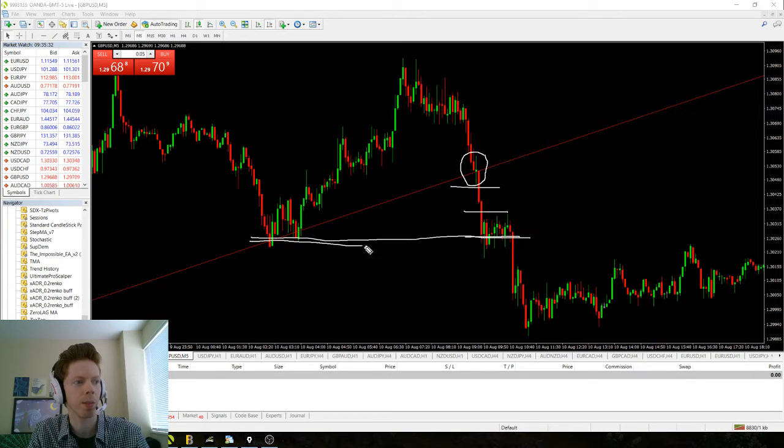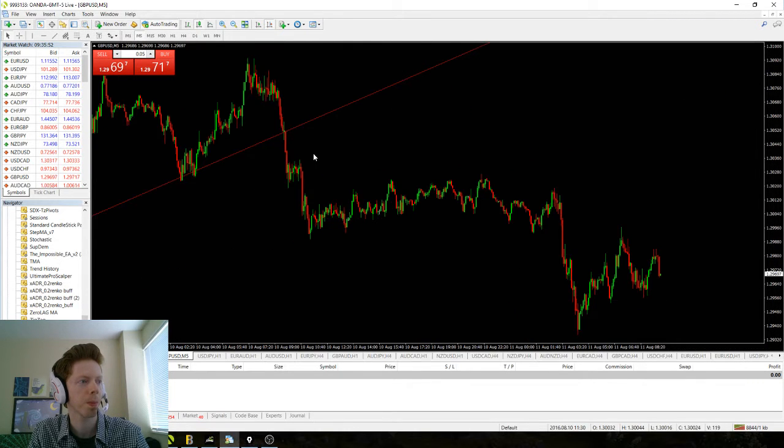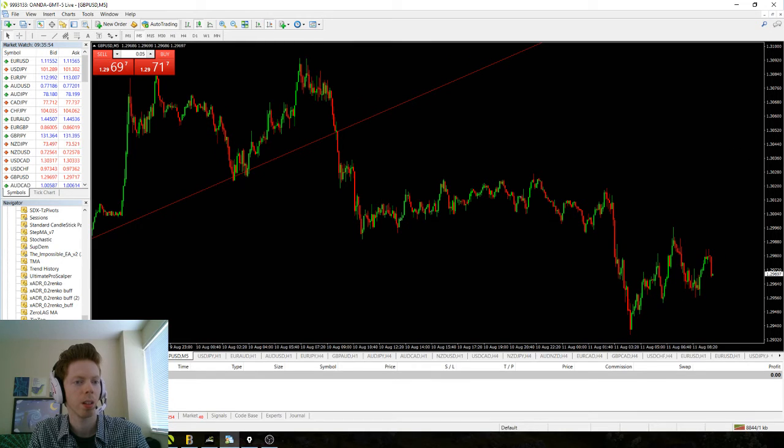Now this level is fairly strong, at least on the 5-minute chart, and it showed some support and resistance at that level. It held for a little bit, then it went back down. Now at this point down here, let me zoom out a little bit. Hopefully you guys can see this.